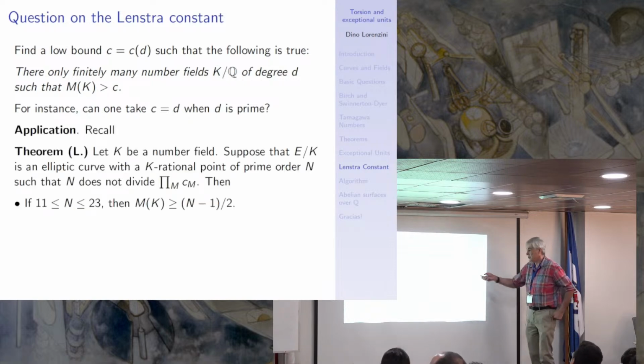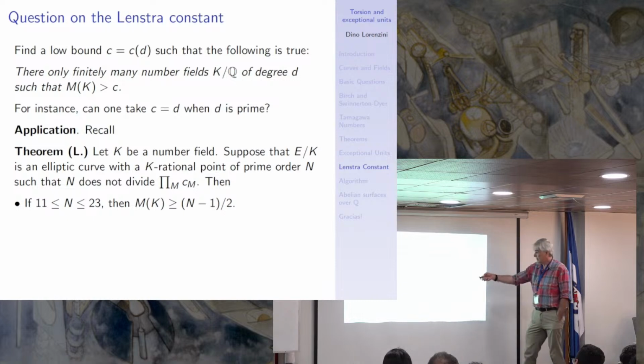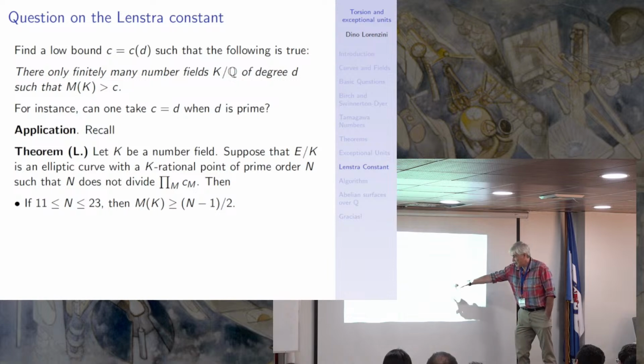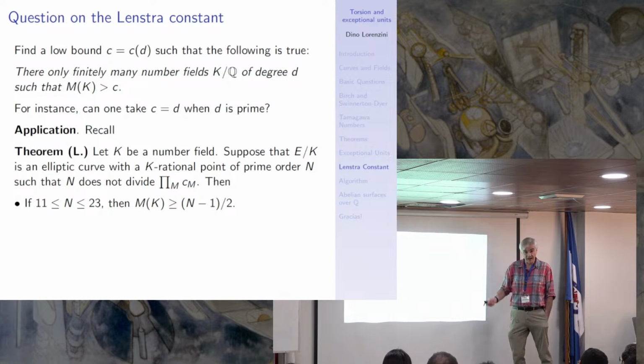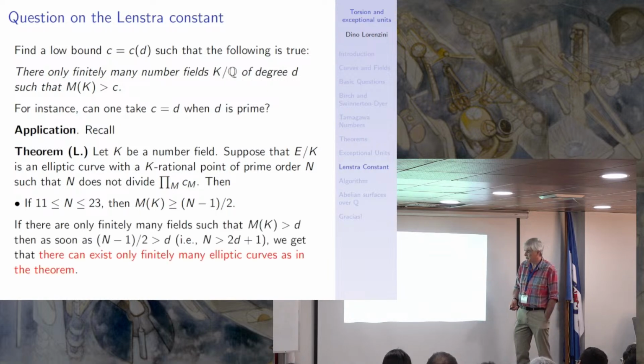All right, so the application is if you can prove a theorem like this, then the finiteness comes out of this theorem, right? I'm repeating the theorem that I just said. If n is between 11 and 23, I'm guaranteeing a high Lenstra constant in my field, bigger than (n minus 1) over 2.